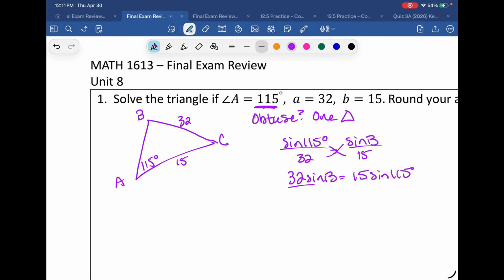Divide by 32. Okay. Now it's going to go in your calculator.